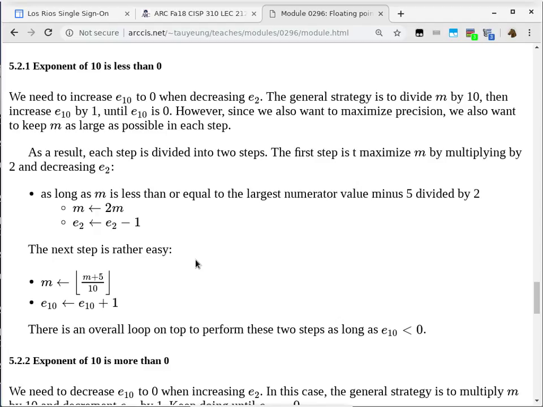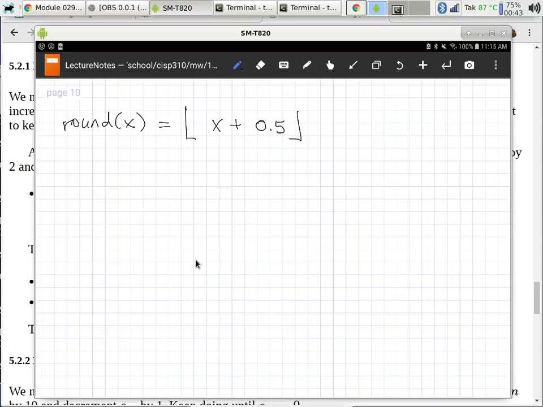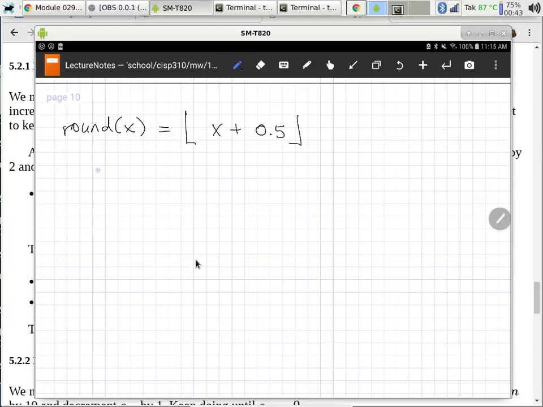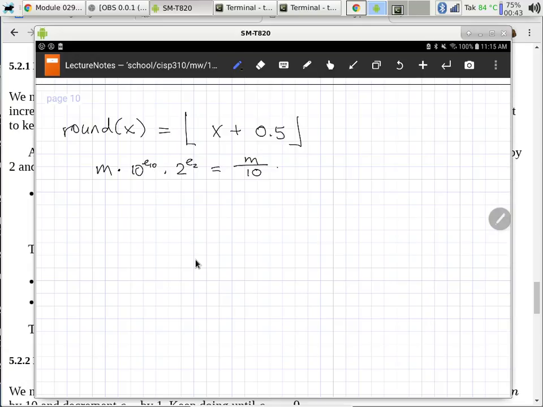Right? Okay, so let me write out the math here on the tablet side. We started off with some m times some 10 to the power of E10 times some 2 to the power of E2. So we want to say, we're going to divide m by 10. But in order to adjust for that, we have to adjust E10 by increasing it by 1.